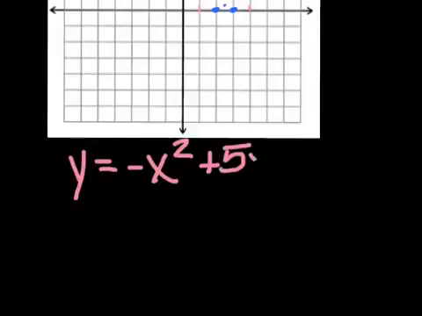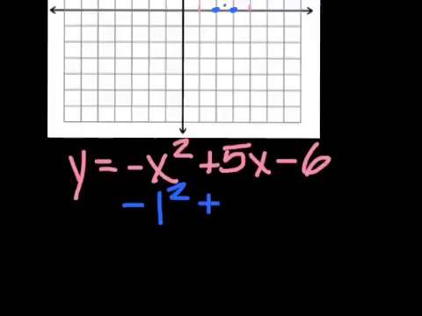And the original equation, if I'm wrong, let me know, was negative x squared plus 5x minus 6? Okay. So if we put a 1 in there, that would be negative (1 squared) plus 5 times 1 minus 6.